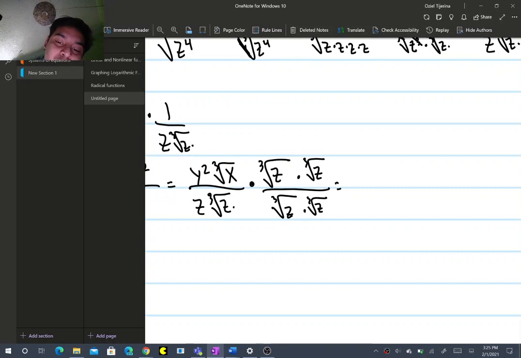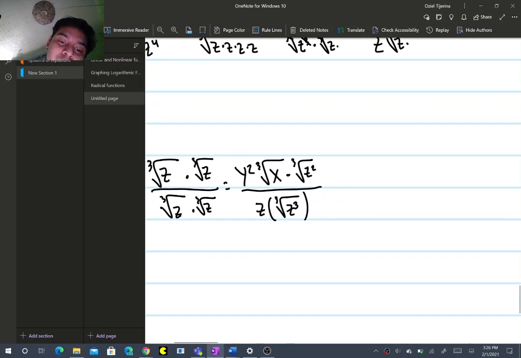So that will leave us with y squared cubed root of x times the cubed root of z squared divided by z, and then times the cubed root of z cubed.